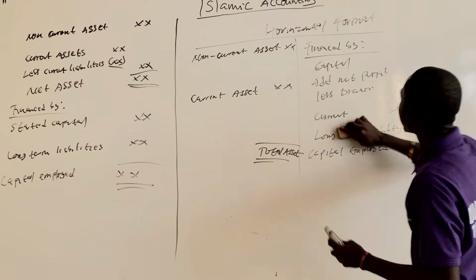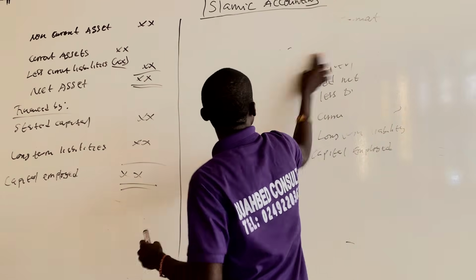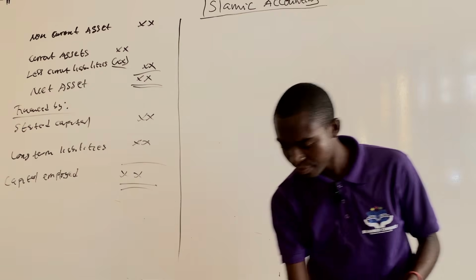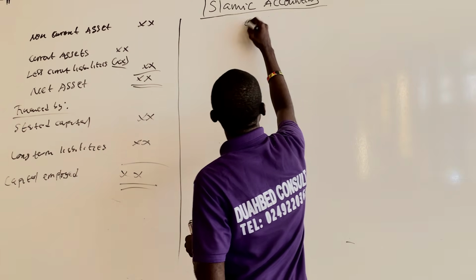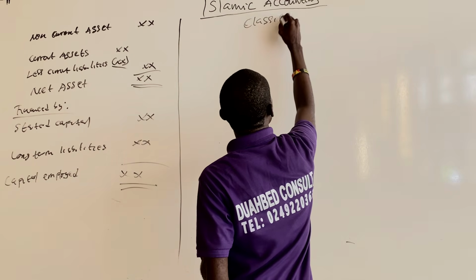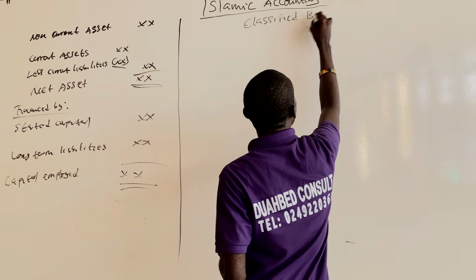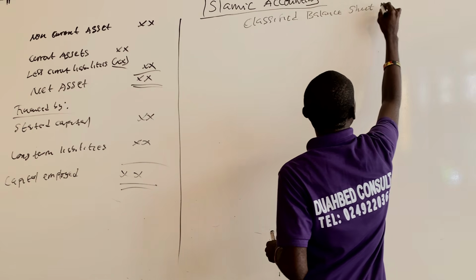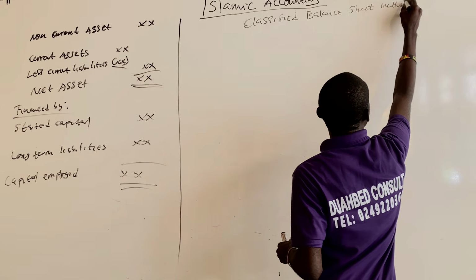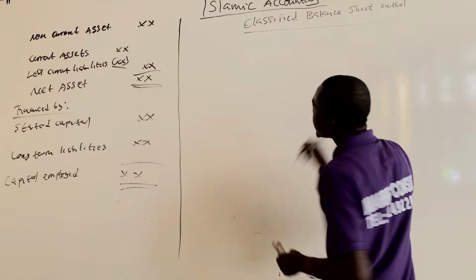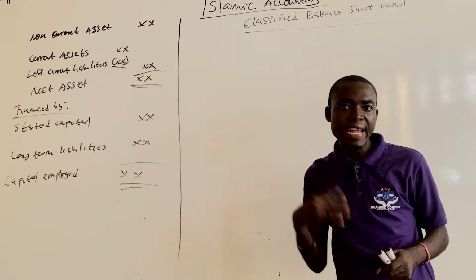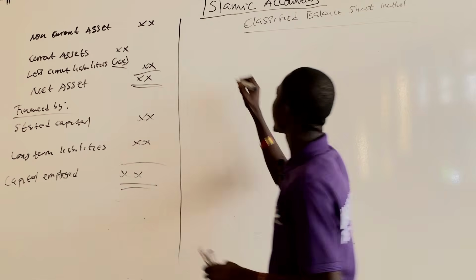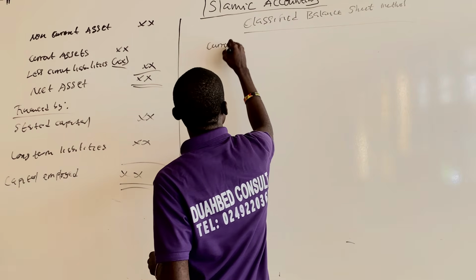So for the classified balance sheet method, instead of starting with a non-current asset, you rather start with current assets.